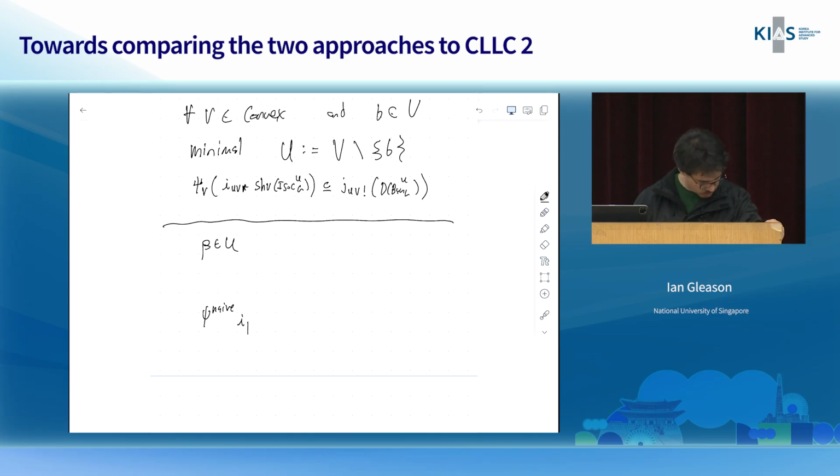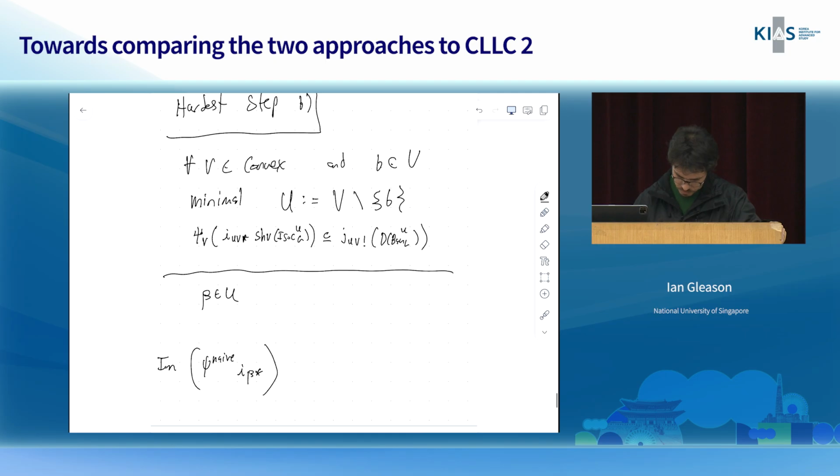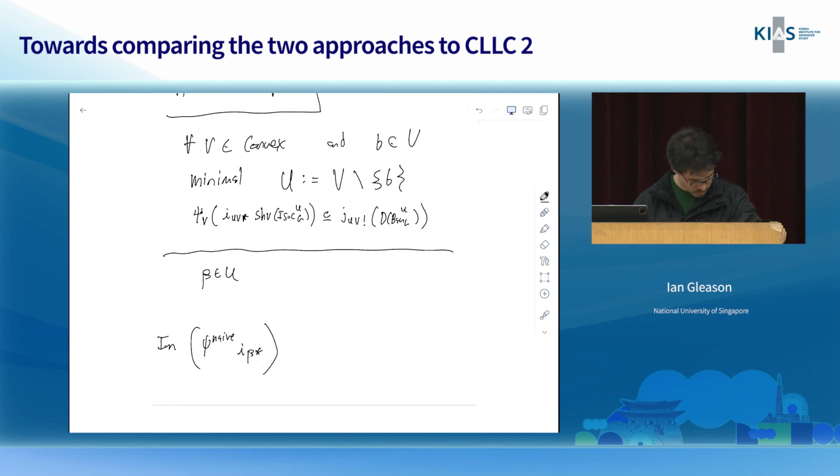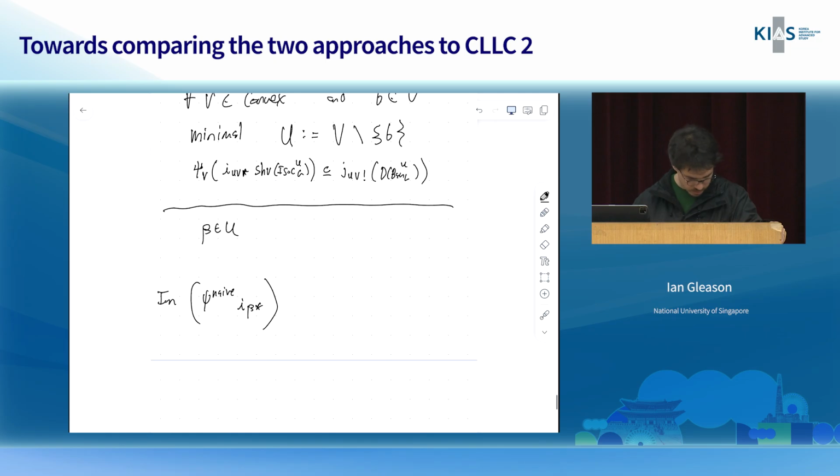And then I need to compute the image of this functor. But actually, just to show that this functor lands in this category, let me just write it like this.